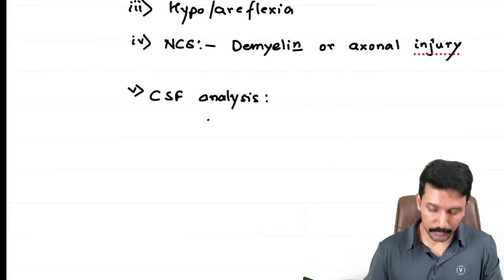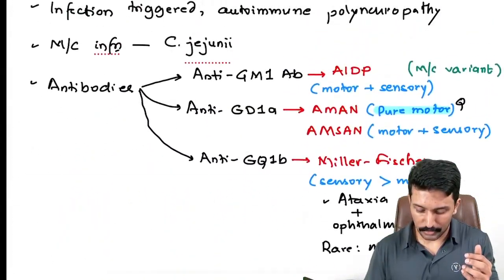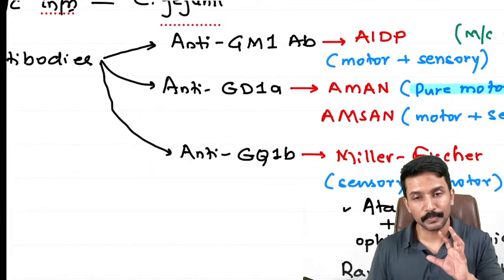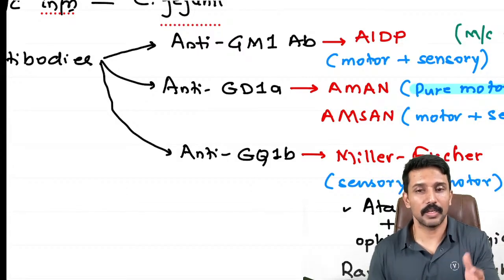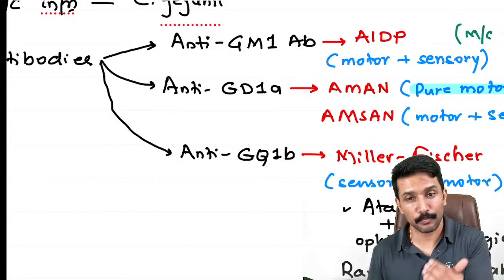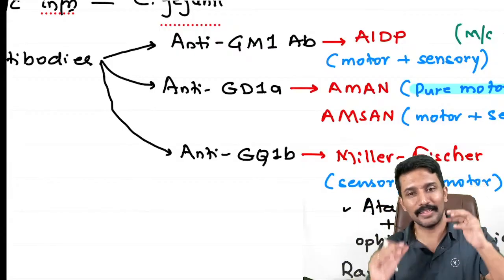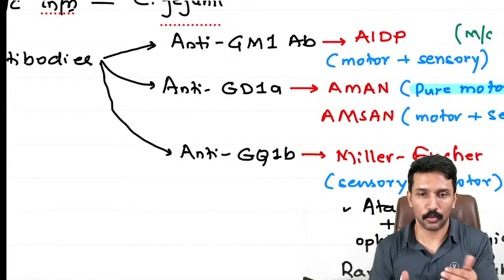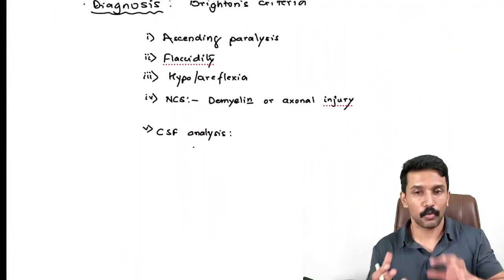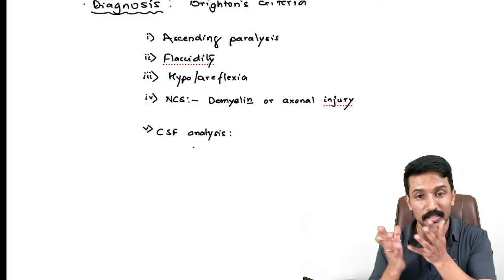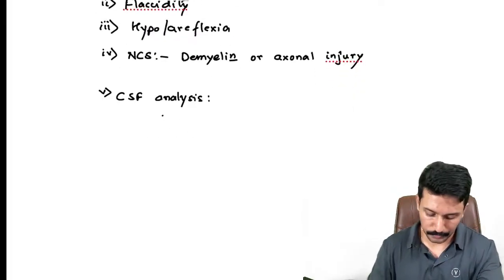In the CSF, remember these antibodies, the anti-GM1, anti-GD1, GQ1, all that we spoke about, will make their way into the CSF. And these are essentially immunoglobulins. Immunoglobulins are proteins. So CSF protein increases. Cell count doesn't increase. This phenomenon we call albuminocytological dissociation. Very important examiner's clue. If he's talking about albuminocytological dissociation in a question, he's giving you a hint that I'm talking about GB syndrome.